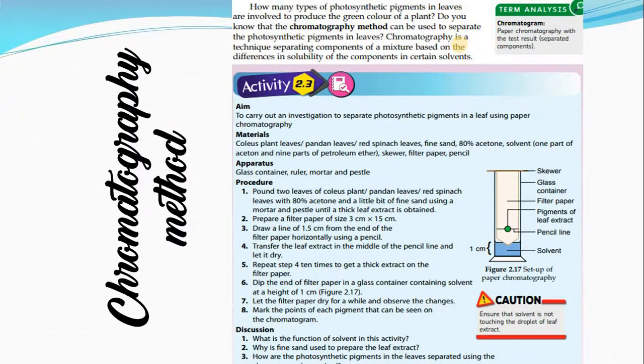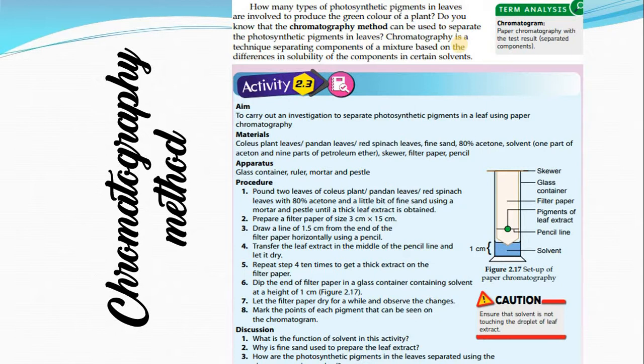If you want to refer to the photosynthetic pigments related to photosynthesis, you can look at your textbook on page 43. Look at the bio exploration there.